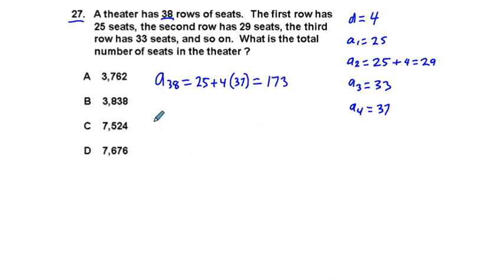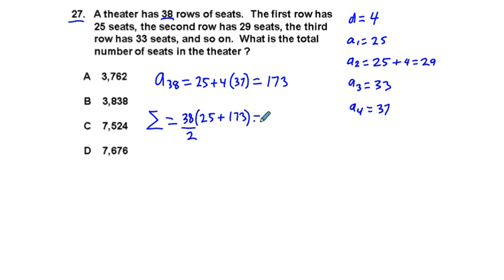And so our total amount, I'll just write the sigma here, is n, which is 38 rows, times a sub 1, which is 25, plus a sub n is 173, and we're going to divide by 2.